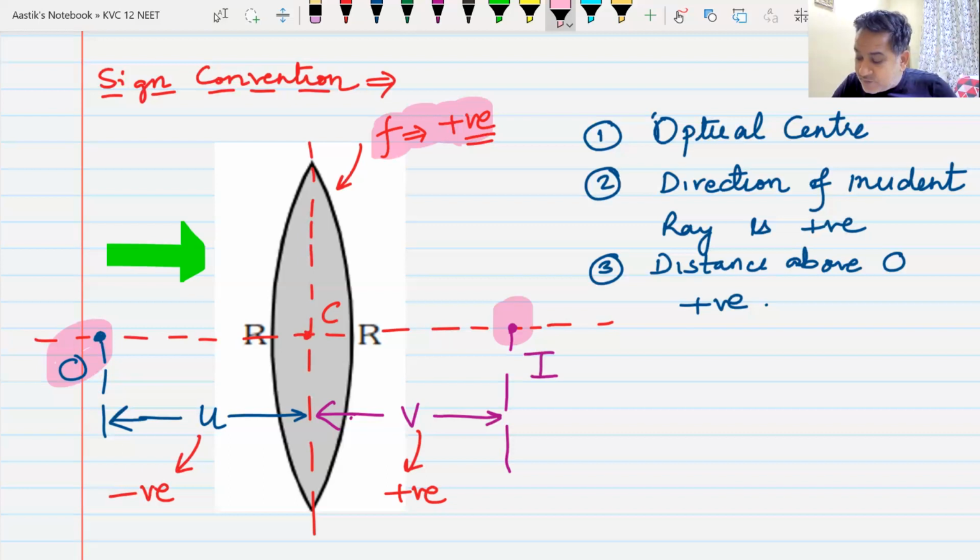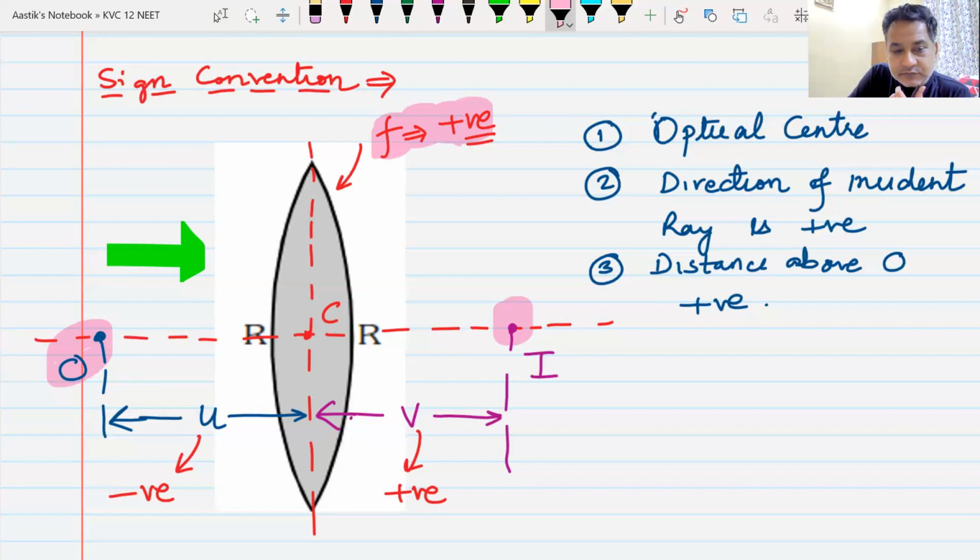The object was at infinity. Where was the image formed? It was formed at the focus.